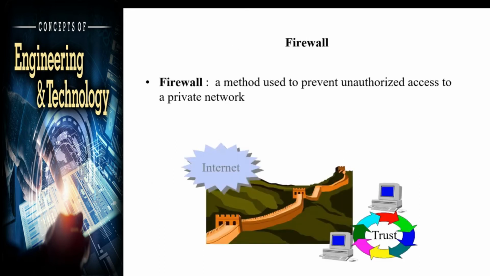Definitely the firewalls. We need to ensure that the network connectivity is in a trusted way, so that unauthorized access can be avoided here. Only the authorized people can enter into the network.